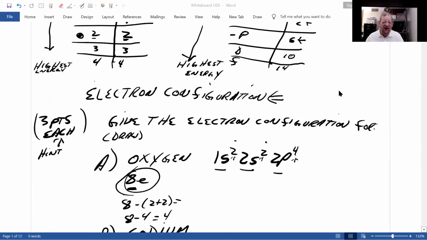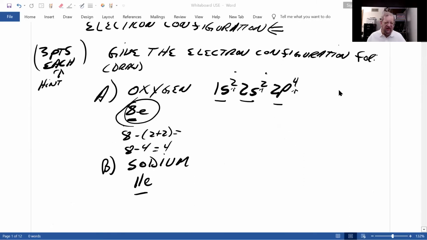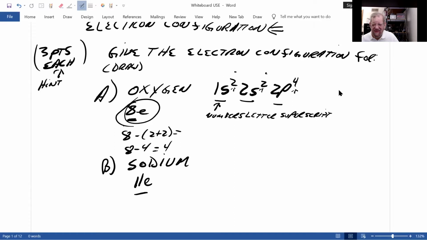Let's do this. All right, we're asked to do the electron configuration. And if you look up here, you're dealing with numbers, letters, and superscript numbers, and that's the electron configuration, which shows where the electrons are in the various subshells.